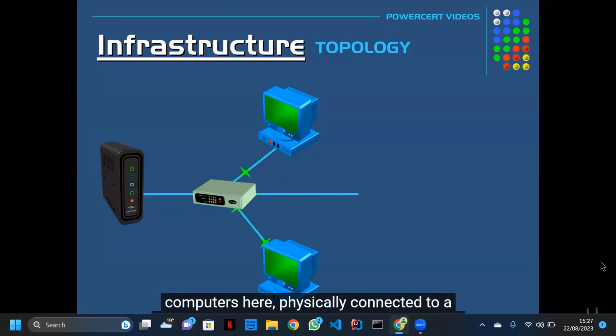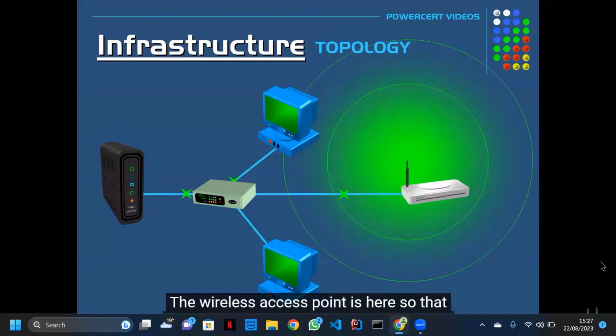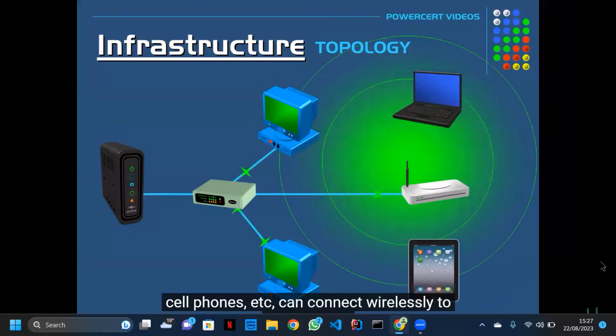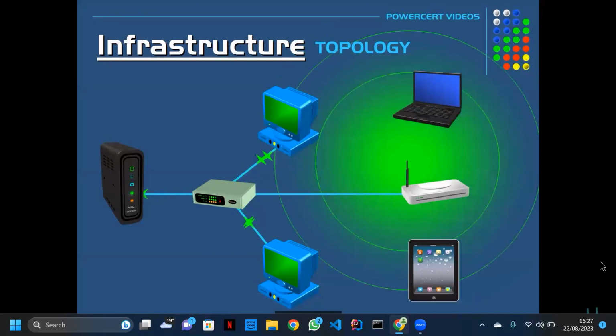And you also have a wireless access point that's also connected by a cable to the same switch. The wireless access point is here so that wireless devices such as laptops, tablets, cell phones, etc. can connect wirelessly to the network. So the wireless access point acts like a bridge between the wireless network and the wired network.